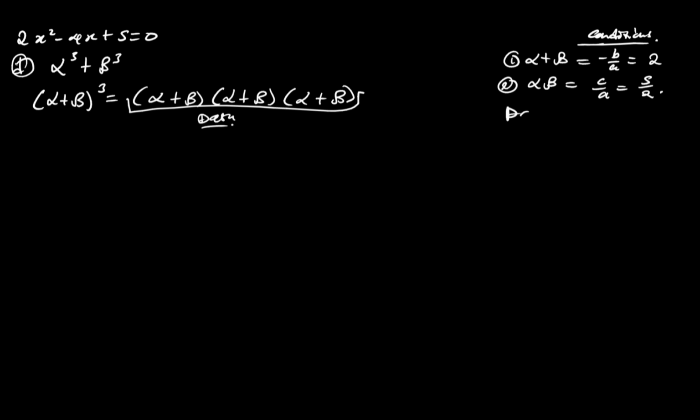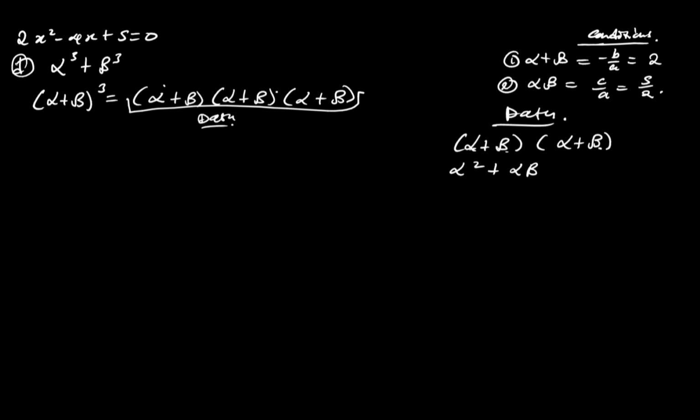So let me just fast forward a little bit. If we have alpha plus beta, this is like (alpha plus beta) times (alpha plus beta). I'll first multiply the first two. So alpha plus beta times alpha plus beta. Remember, we're going to multiply alpha times alpha, that's alpha squared. Alpha times beta is plus alpha beta.